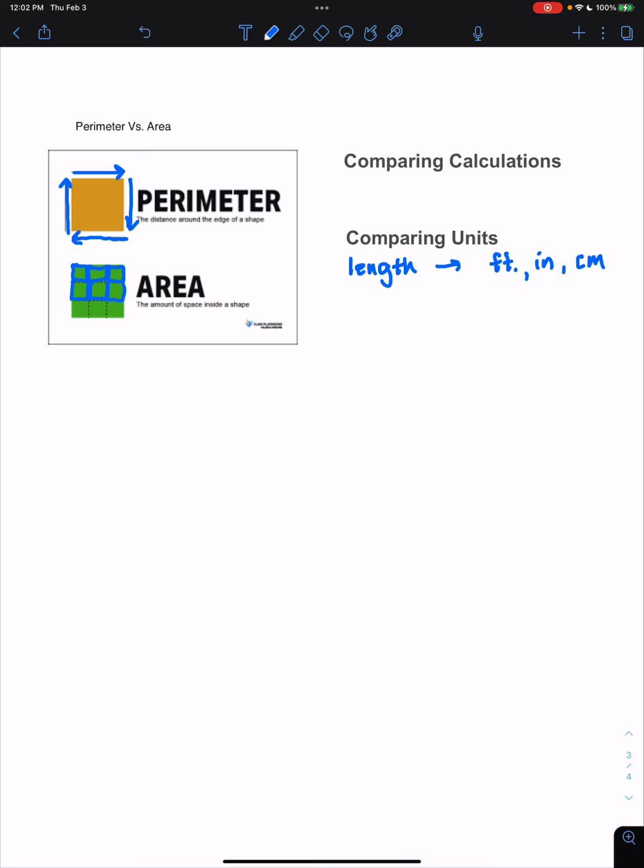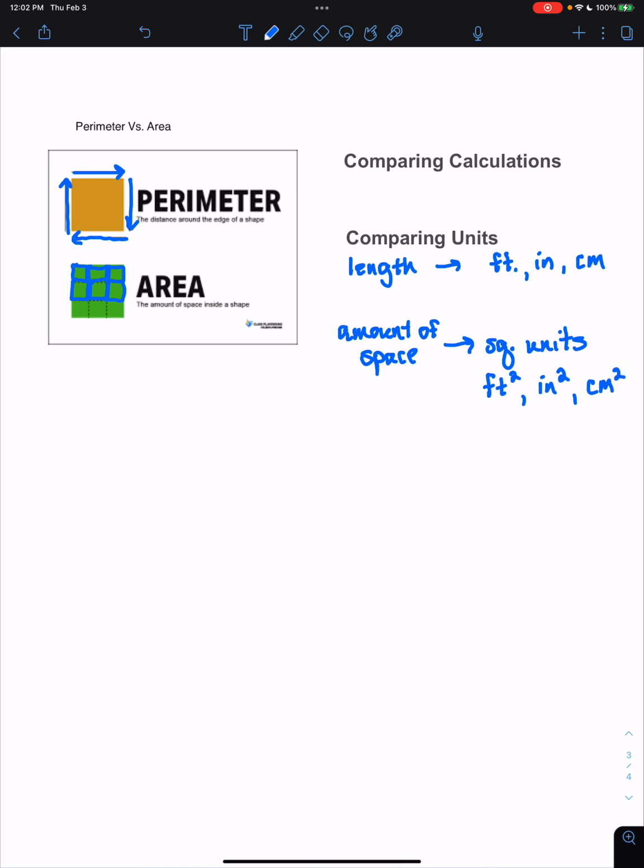So for area, we're measuring the amount of space inside the shape. And to measure that, we're using square units. So square feet, square inches, and square centimeters.